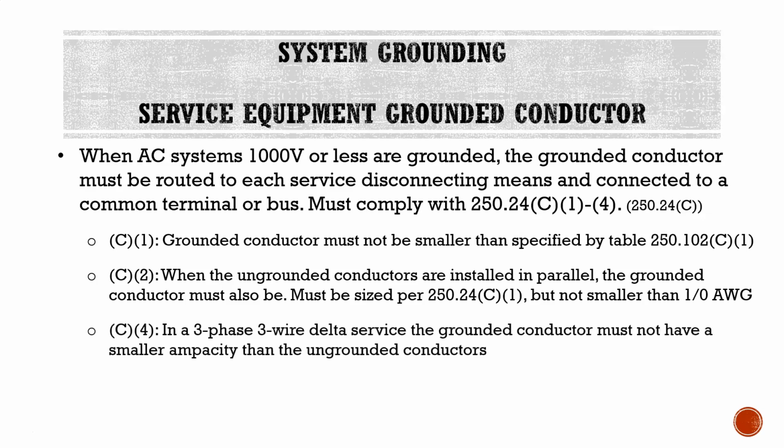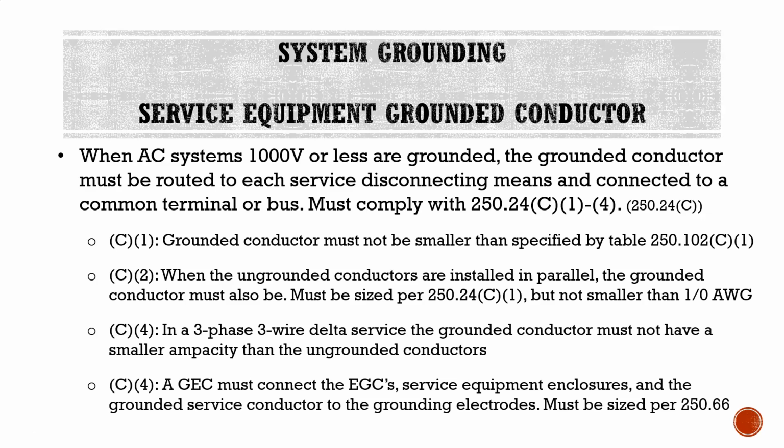And we skip C3 because it's not a very noteworthy note, but moving to C4, in a 3-phase, 3-wire delta service, we talked about that delta before, the grounded conductor must not have a smaller ampacity than the ungrounded conductors. So they all have to be the same size in terms of their ampacity.